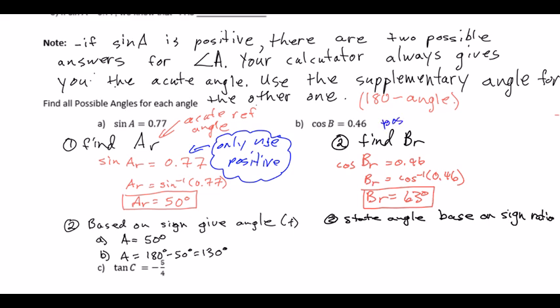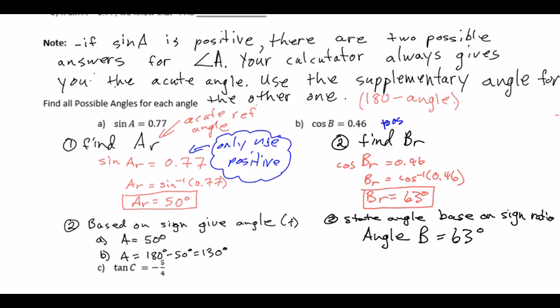Now, you go back to your charts and you'll notice that because the ratio is positive, that means the angle must be acute. So therefore angle B is just the regular acute angle that we just calculated right here. So B is equal to 63 degrees. The reason why we didn't do 180 minus 63 is because the ratio, the decimal, is positive when we started.